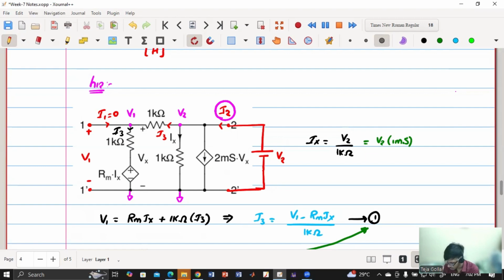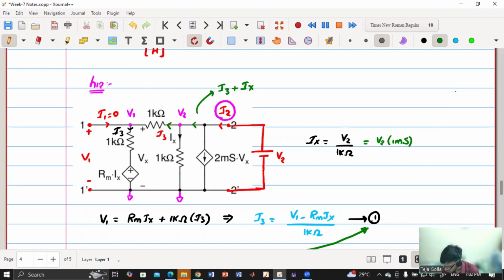So now say this current is I3 and this current is Ix, then this current will be I3 plus Ix. True? By applying KCL.